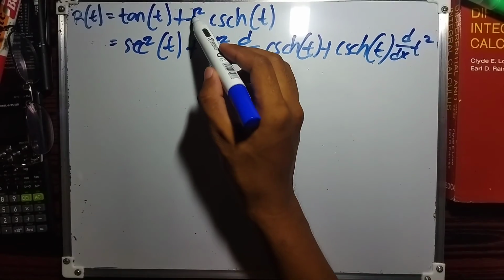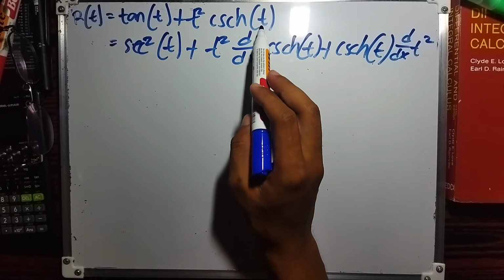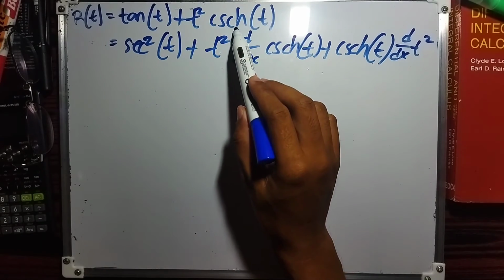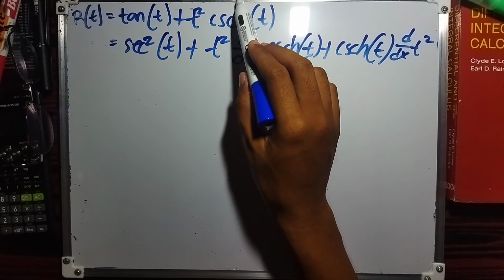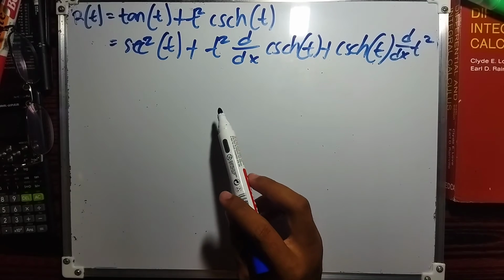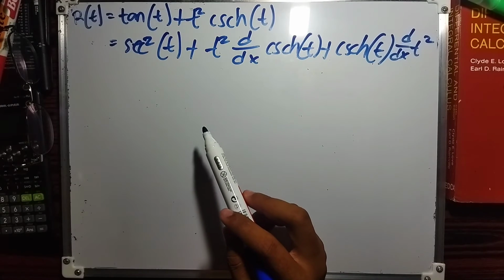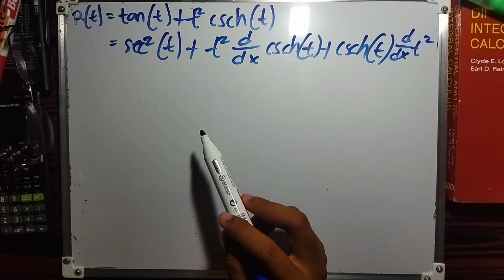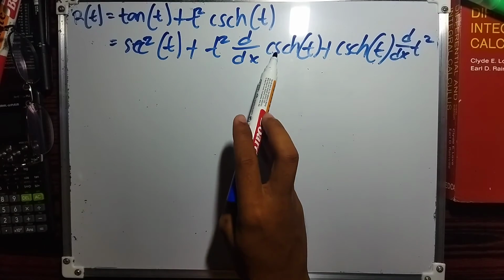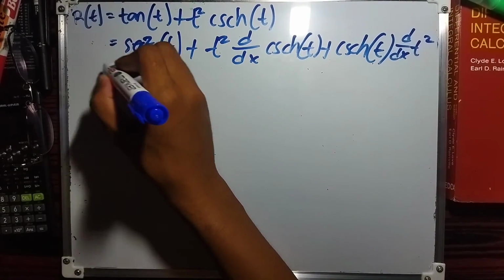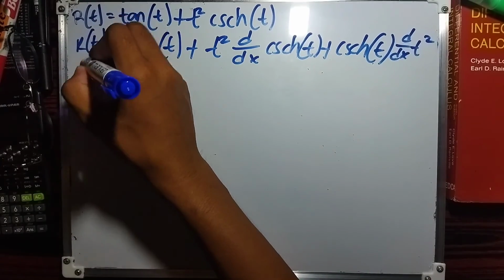As you can see here, t squared times csch t, let t squared be the u and csch t be the v. So we'll be using the basic rule of derivative, the third rule, which is the derivative of a product. So it would be u dv plus v du. Next is to simplify it.